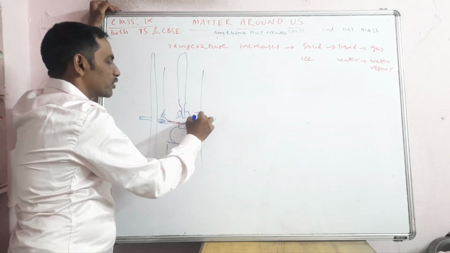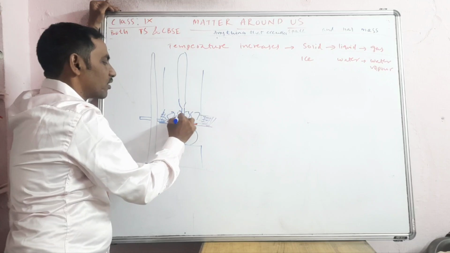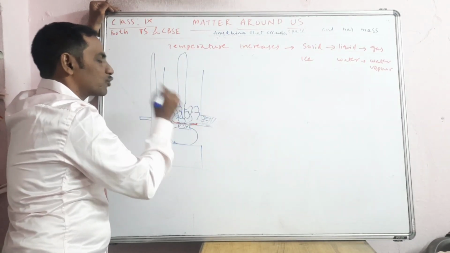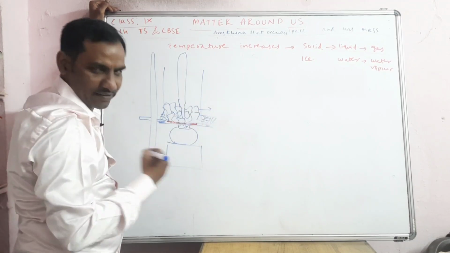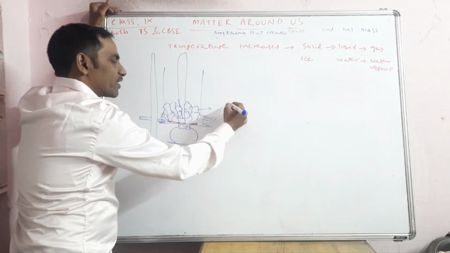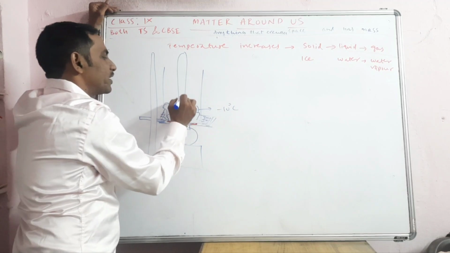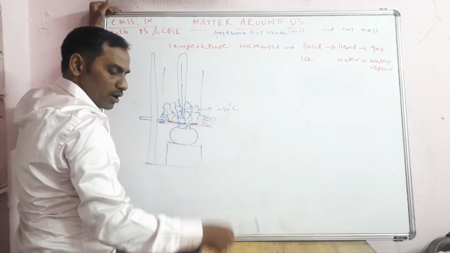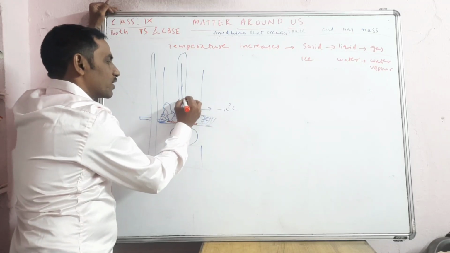Now if you keep ice cubes and go on heating, for example the ice cube was at some negative temperature, say -10, the temperature will go on increasing: -5, -2, like that.